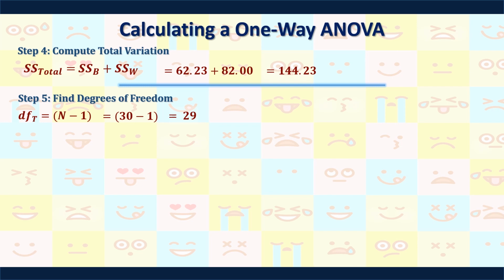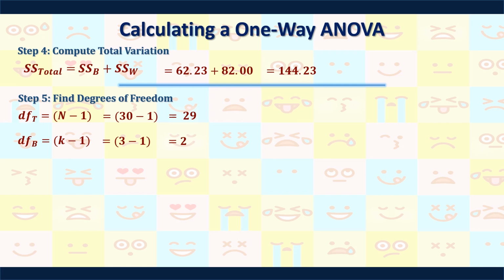The calculation for the degrees of freedom for the between group variation is k, which represents the number of groups or levels of the independent variable, minus 1. So because we had 3 different groups, the negative, neutral, and positive condition, our k is 3, which makes the degrees of freedom between 2.